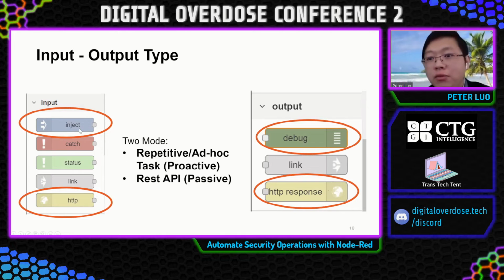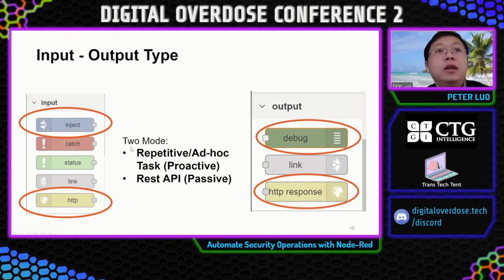The inject node enables you to run things periodically or ad hoc. HTTP endpoints let you quickly create REST API endpoints that can connect to any kind of platform you have. And outputs have debug or HTTP response correspondingly.